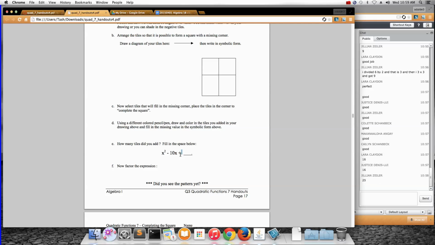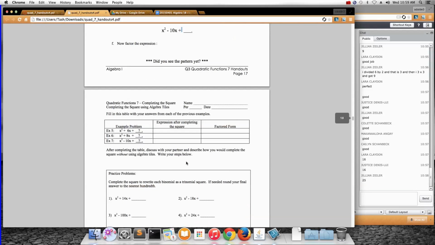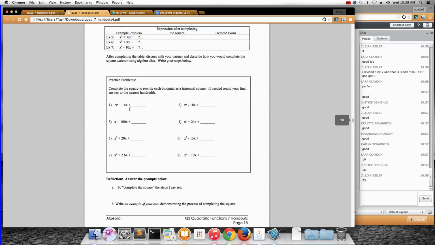There we go, Jillian. You're on a roll. So that's what this whole homework set is about. What number should go in this blank right here? 49. Very good. Awesome. Okay.